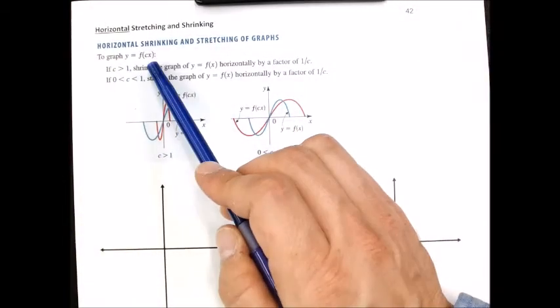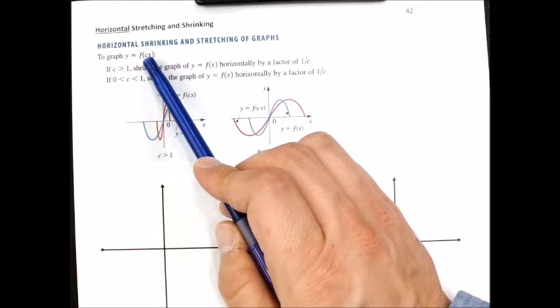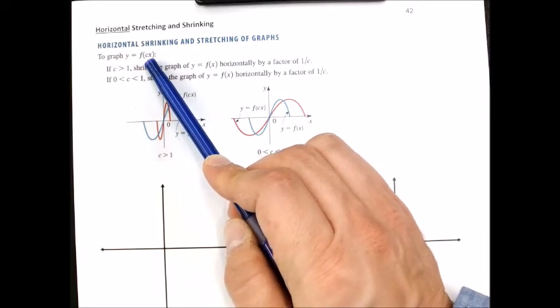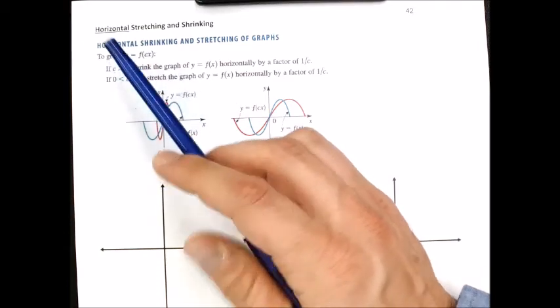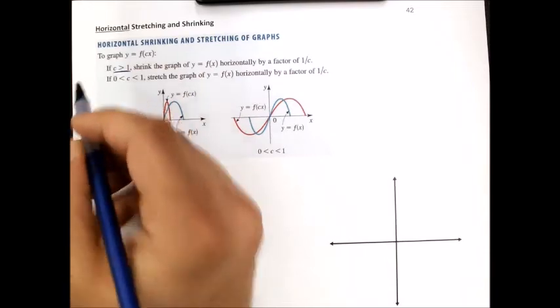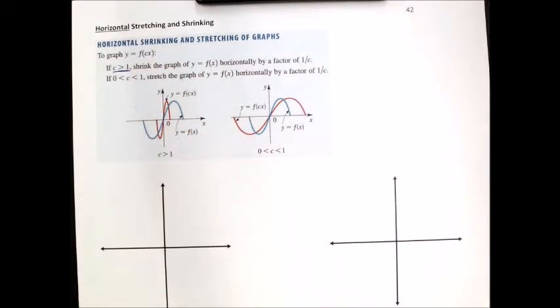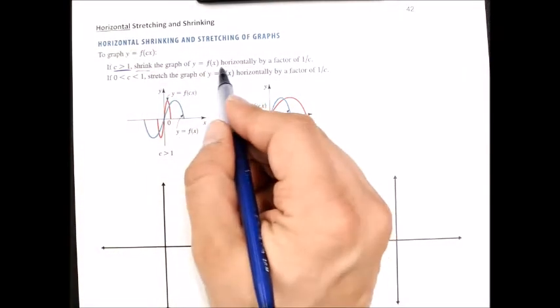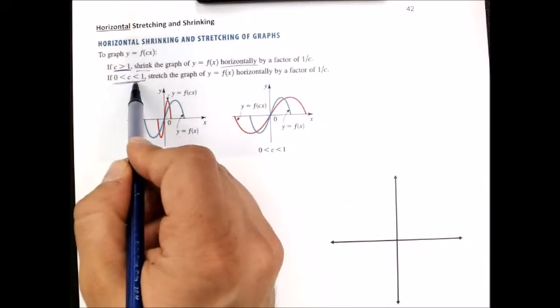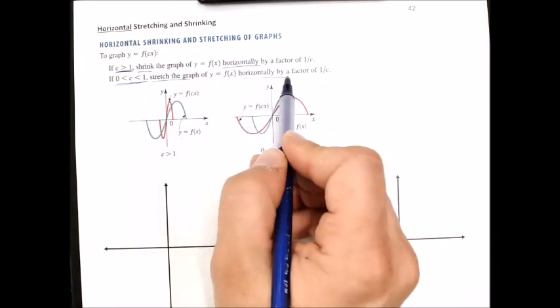This one, we're multiplying by a number inside of the function. So the x itself, which is in the function, is being multiplied. And we get the same situation. If that number being multiplied is bigger than 1, then it's a shrink in the horizontal direction. And if the number is less than 1, it's a stretch in the horizontal direction.